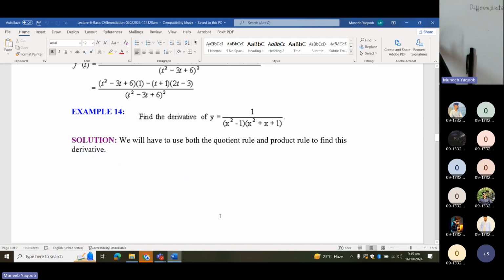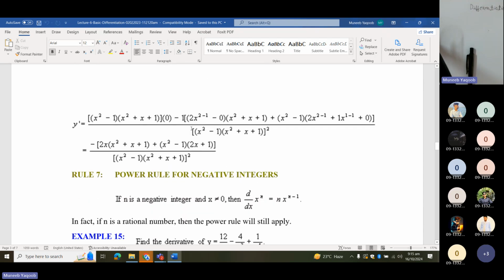Now we come back to this question that we are going to solve. It is a relatively difficult question. Why? Because we need to apply the quotient rule and the product rule simultaneously. So I was telling you that if we take one as u of x and these two brackets as v of x, we will keep these two brackets as it is, and the derivative of one is 0.